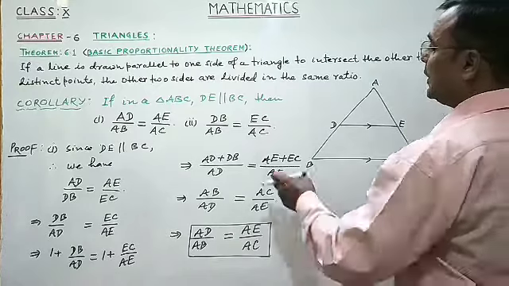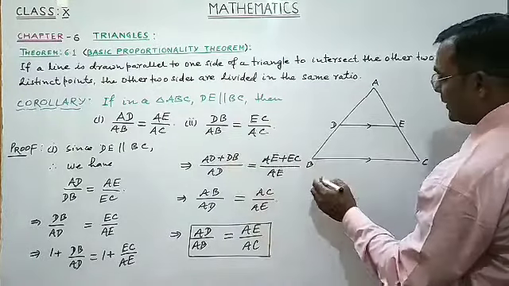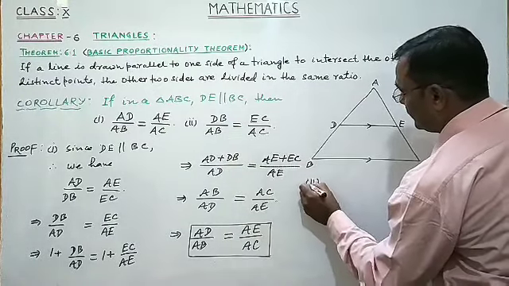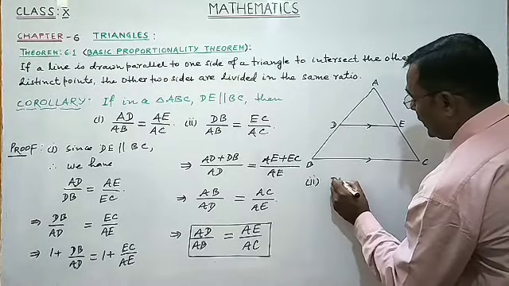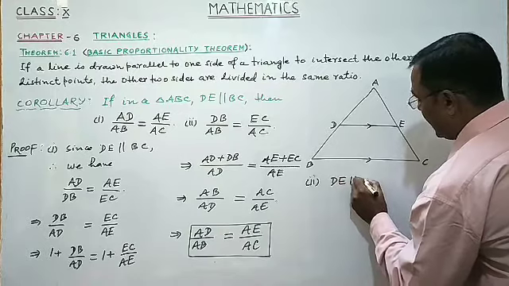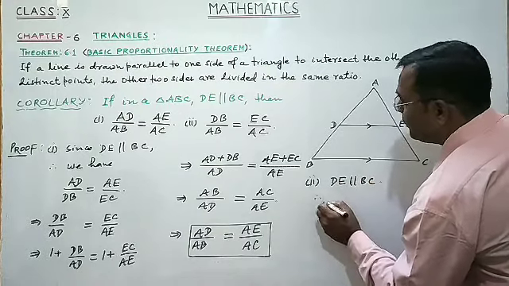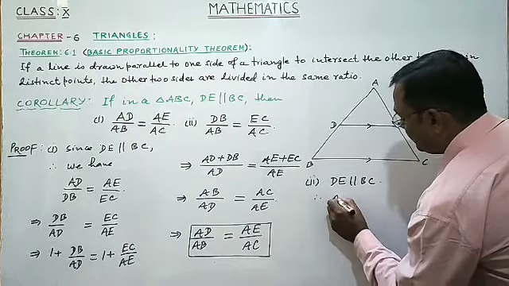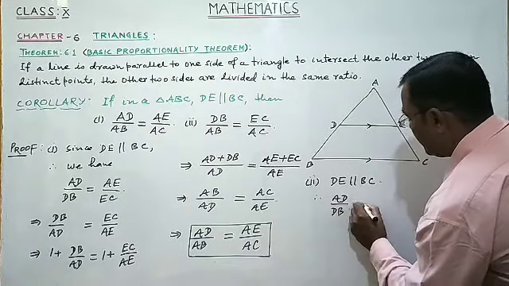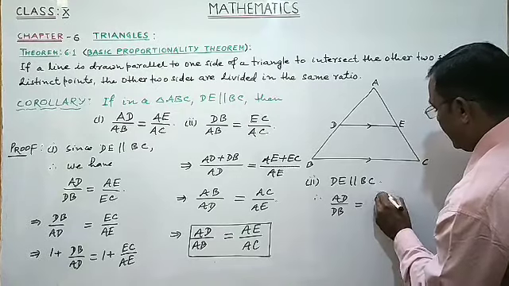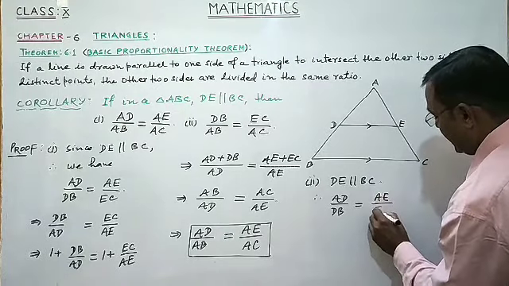Similarly, we can prove this second result like this. DE parallel to BC, therefore we can write AD by DB is equal to AE by EC.